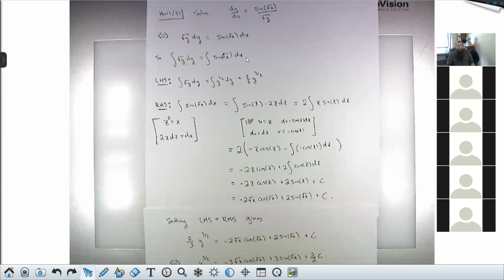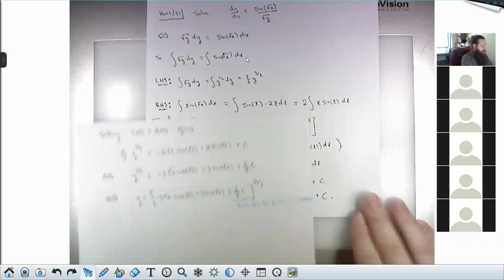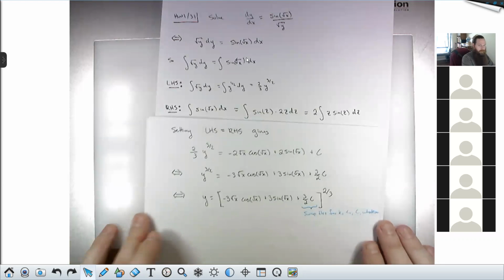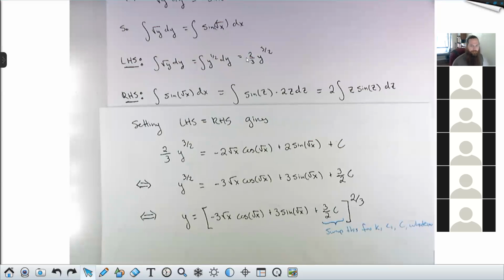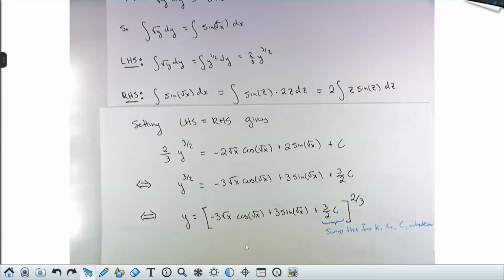Can I see a little bit of the bottom paper? I'm sorry, a little bit of what? The last paper? Yeah. Yeah, here are the last few steps.